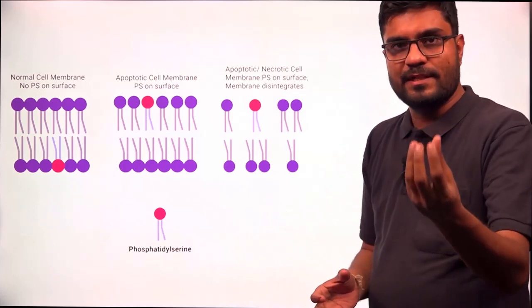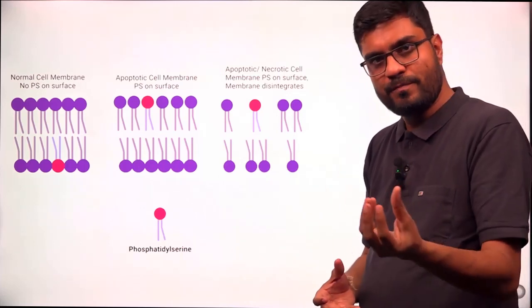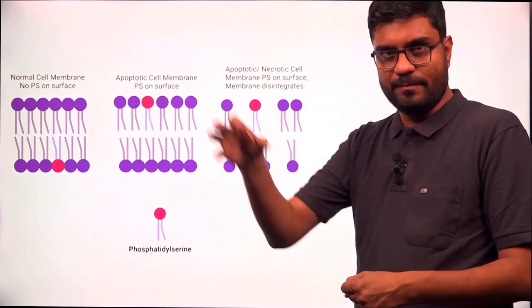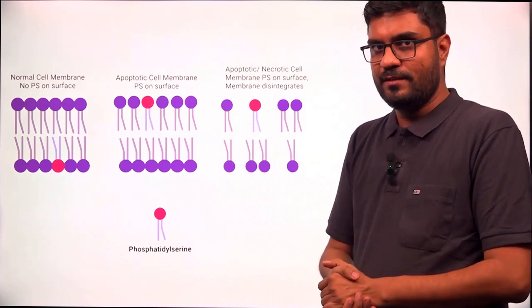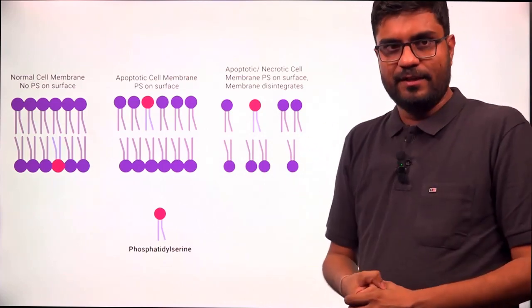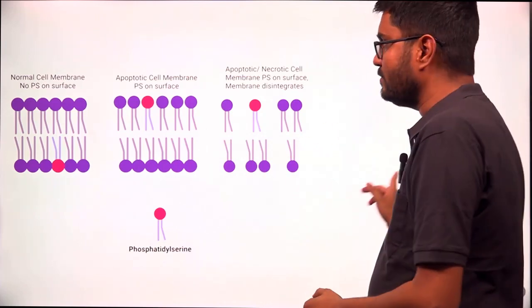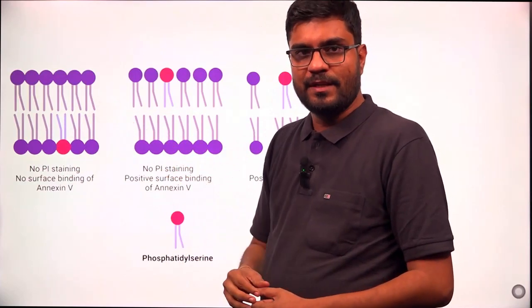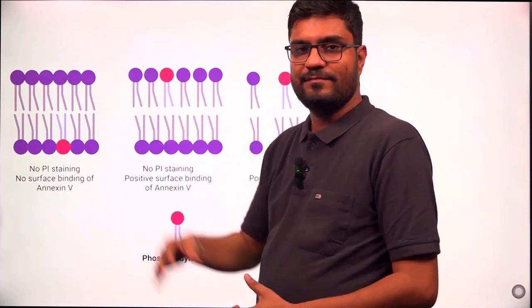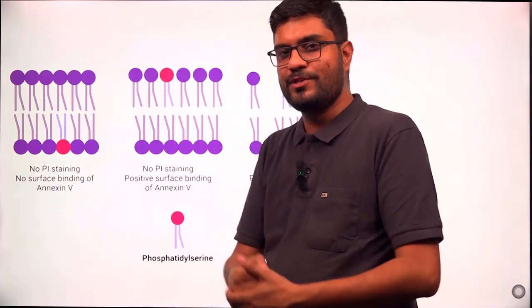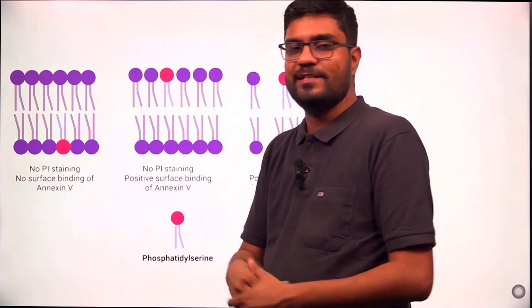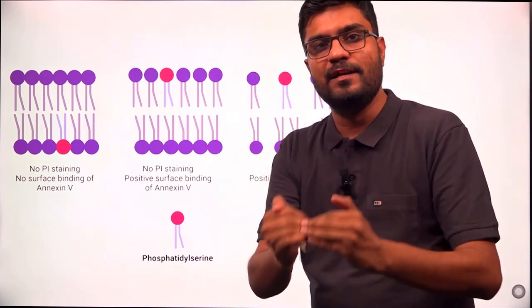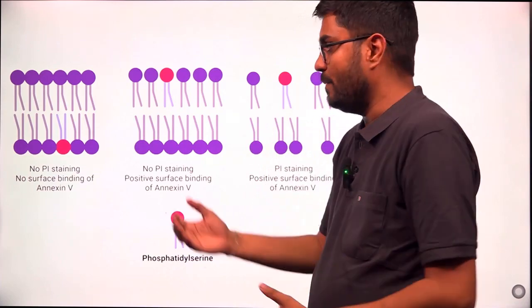So we'll take our cells in a test tube. There we will add Annexin-V, which is fluorescently labeled, so we can get a fluorescent signal, and we'll add the fluorescent dye, propidium iodide. What will happen? In healthy cells, nothing will happen because Annexin-V, which is present in the solution, cannot bind to phosphatidylserine, because phosphatidylserine is present in the inner leaflet of the cell membrane.